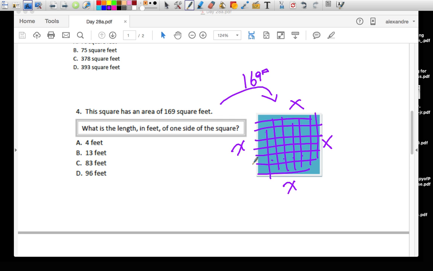To find the area of a square, we multiply this side times this side, length times width, or base times side, or side times side. Because they're the same, what two identical numbers multiplied by each other will give us 169? Let's try 13. 13 times 13. No, it's not 13.